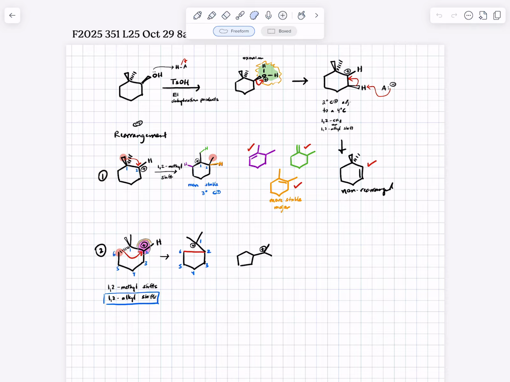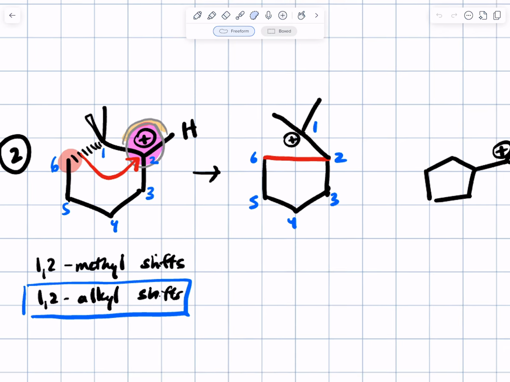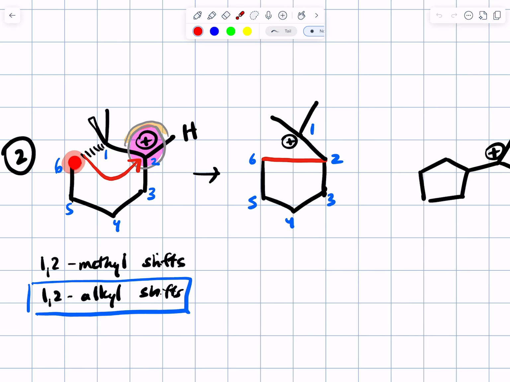So today we're picking up where we left off last time. I had showed you this last carbocation rearrangement where it's not a methyl group or a hydride that shifts over, but it's actually one of the other atoms. This is called an alkyl shift.